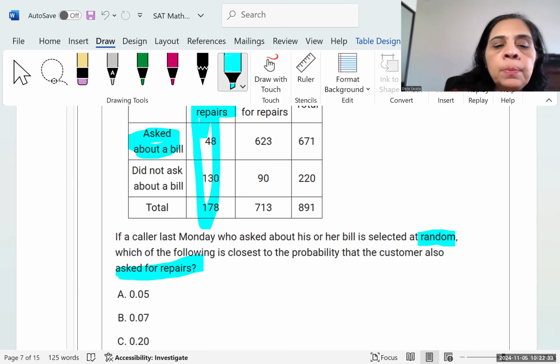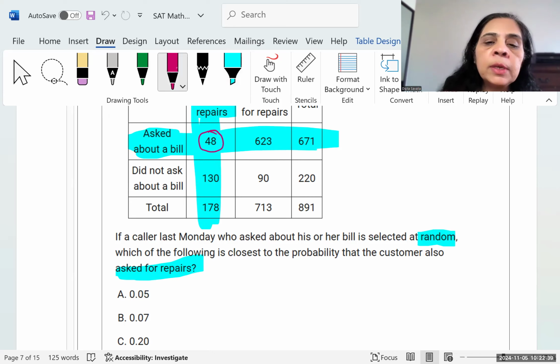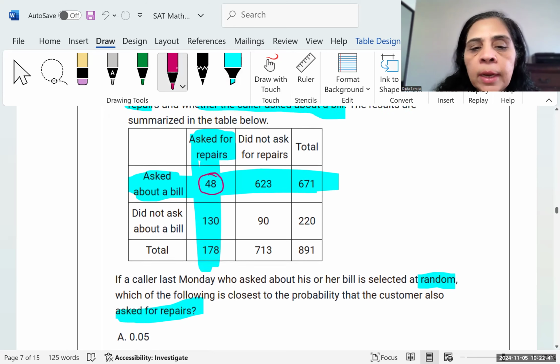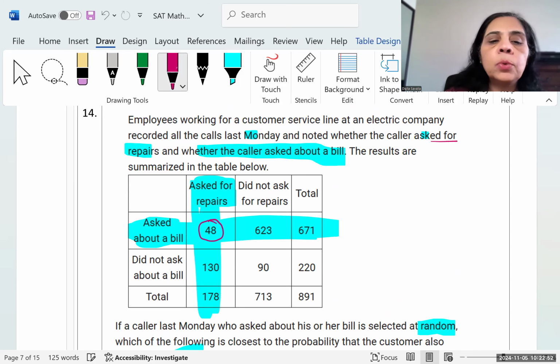So asked for repair and asked for bills, right? So that is 48. But what we will divide by, that is important, right? So if we go back and focus on this, Monday and last call Monday, and noted whether the caller asked for repairs and asked for bills.